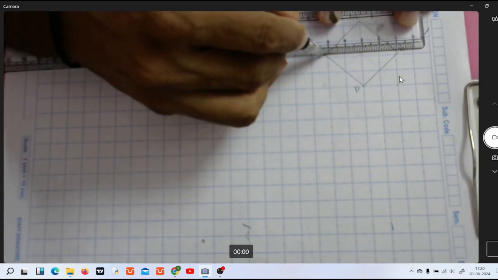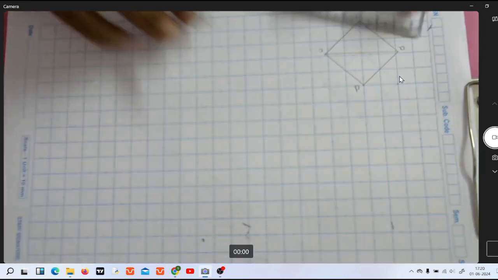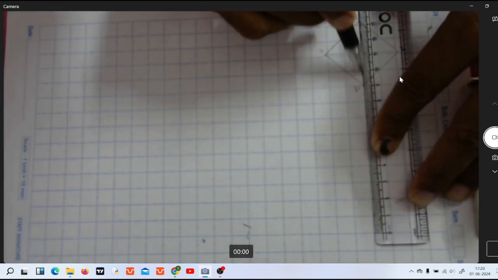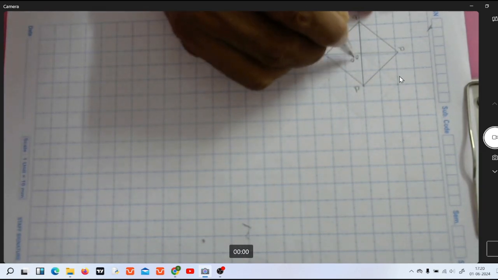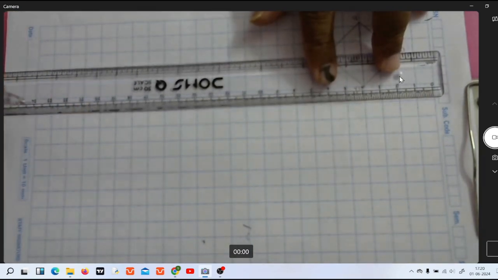Now let us construct the slant edges. Let us mark O and O1, with O1 as the apex, O as the base center point, and OO1 becomes the axis.